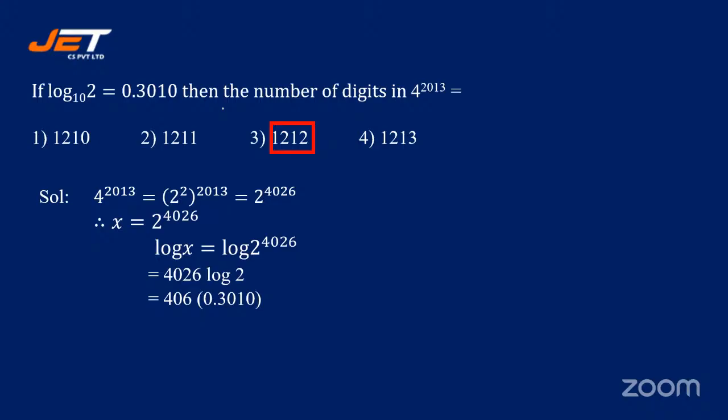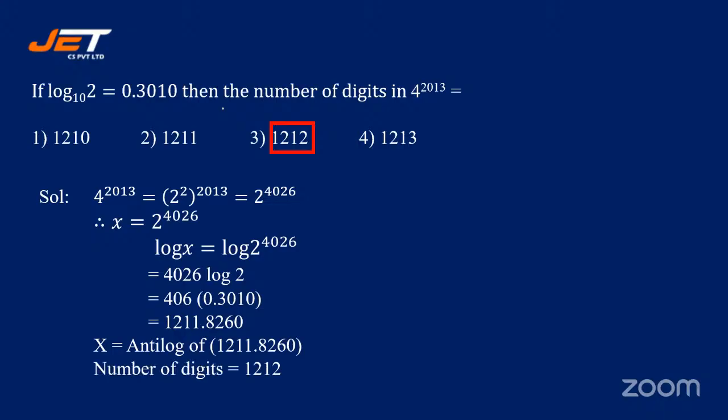So 4026 into 0.3010 will give us 1211.8260. Before rounding off, we are taking the anti-log. So the value of x is the anti-log of 1211.8260. So the number of digits is 1212. They're asking us the number of digits. All right.